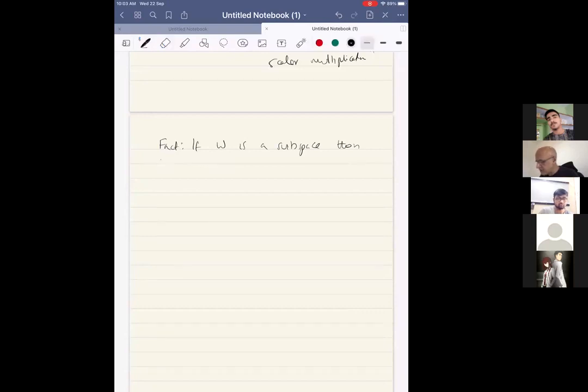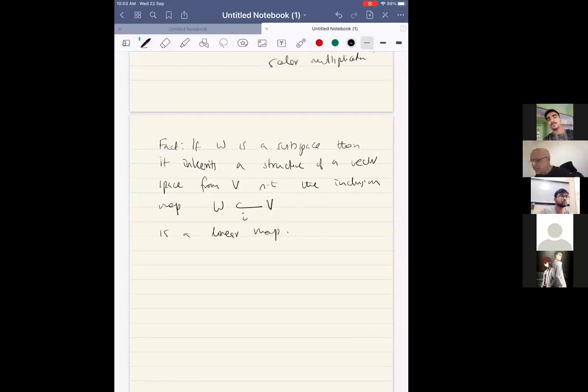It makes sense in English, but to make it mathematics, I need to be precise. Then it inherits the structure of a vector space from V such that the inclusion map W to V, which I call I, is a linear map.